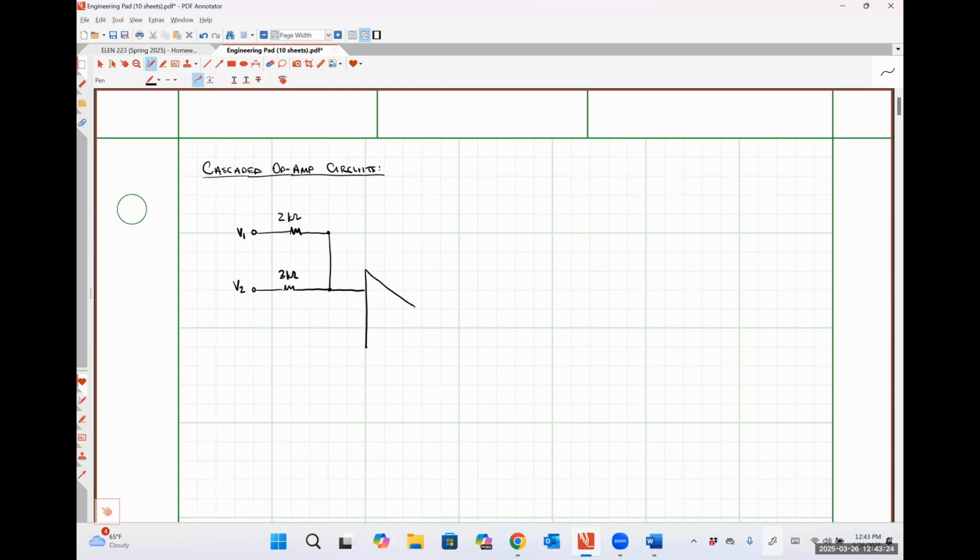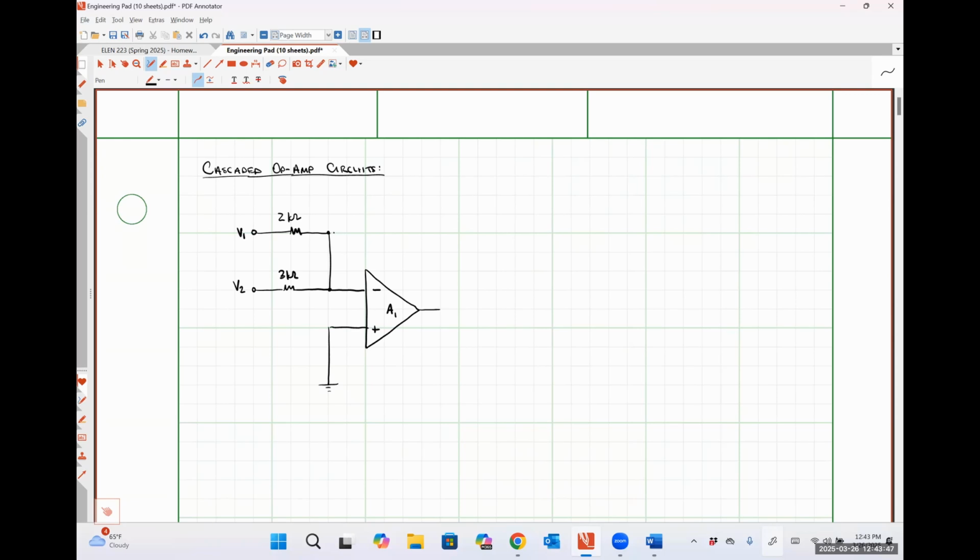This is an op-amp. I'm choosing to put the inverting input terminal on top. And I'm going to call this op-amp A1 because it's the first op-amp that we're going to have in this circuit. I'm going to choose to ground the non-inverting input terminal like so.